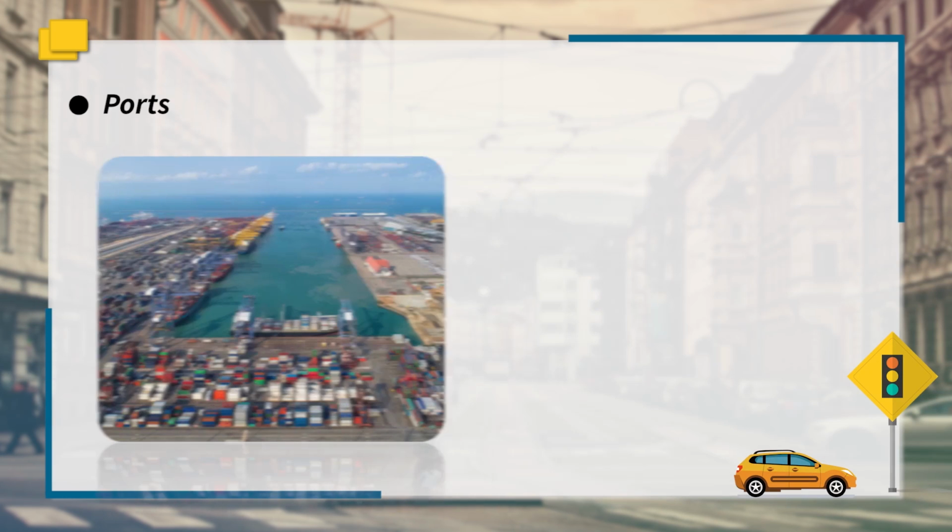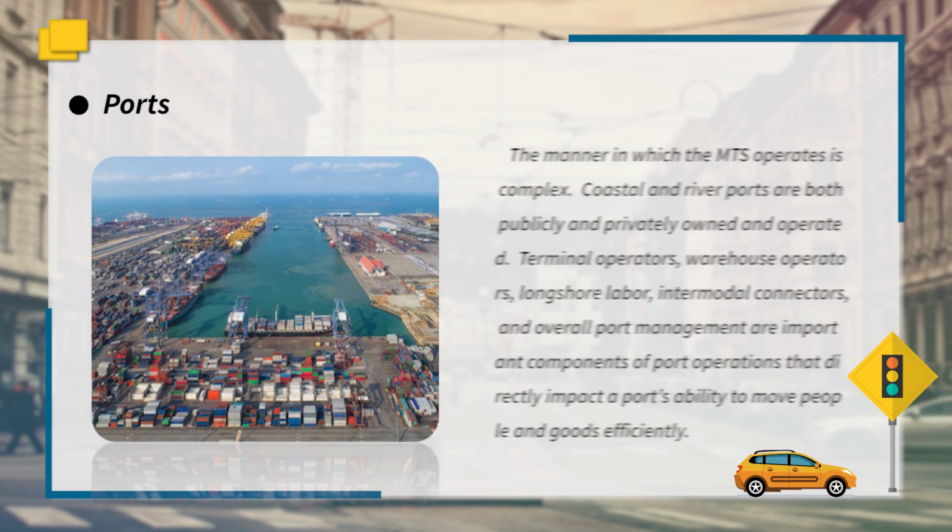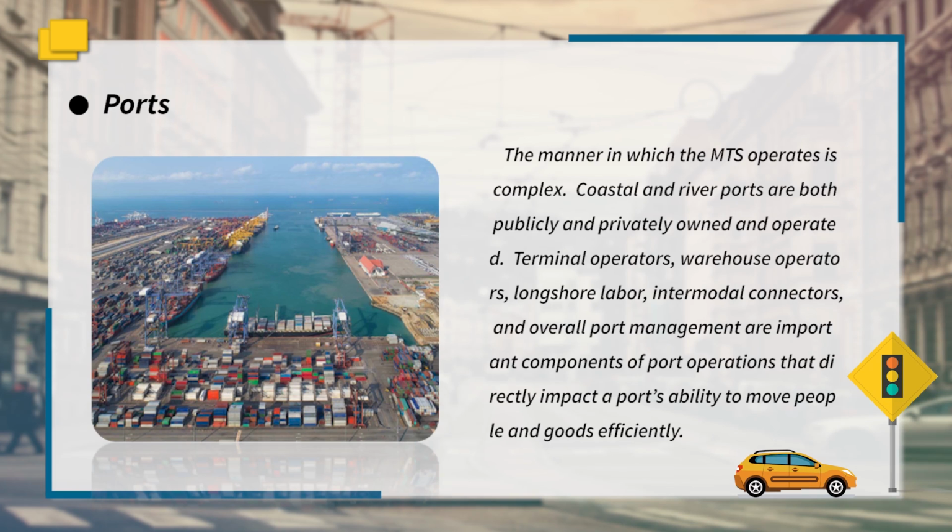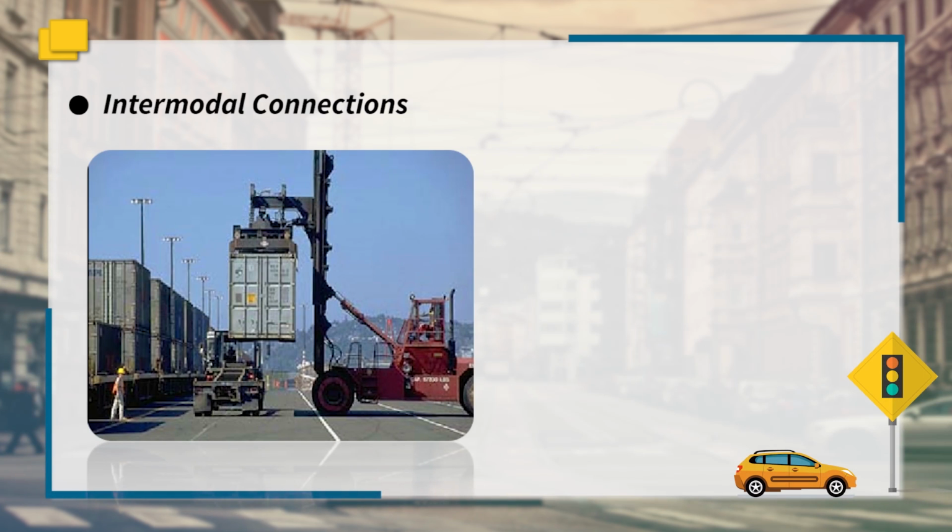Part 2. Ports. Terminal operators, warehouse operators, longshore labor, intermodal connectors, and overall port management are important components of port operations that directly impact a port's ability to move people and goods efficiently. Part 3. Intermodal connections.